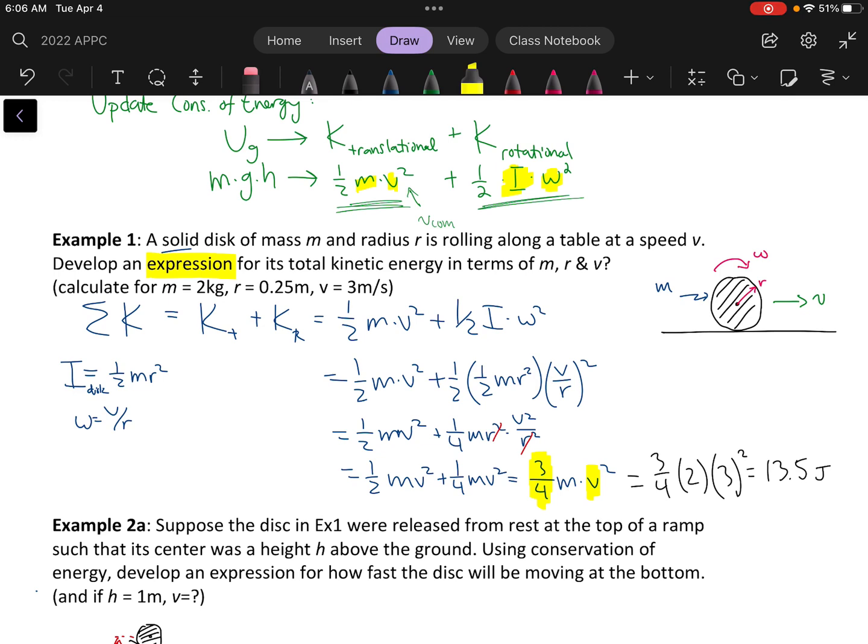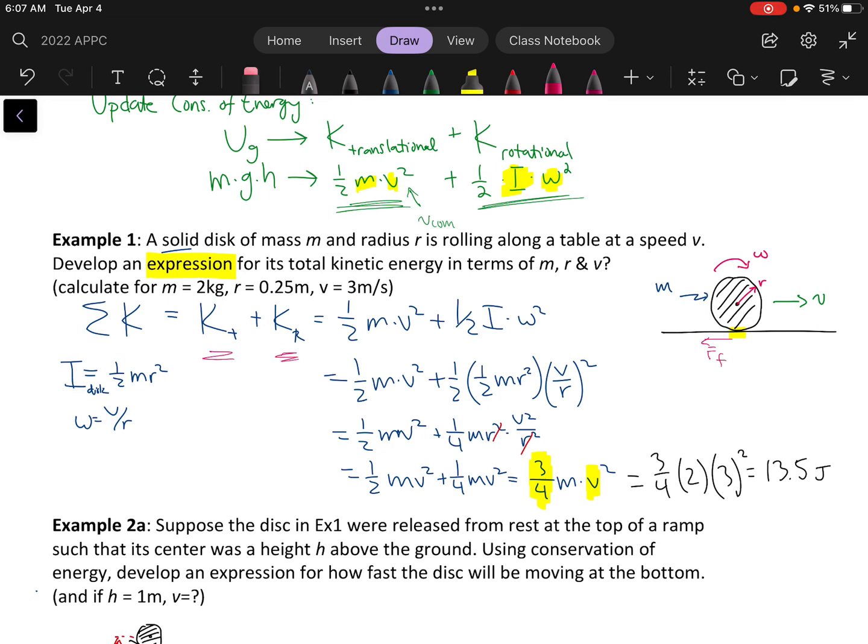If the object is in motion and it is not sliding, if there's a frictional force acting on the outside of the object, preventing it from sliding, it's undergoing circular motion while it's also going through translational motion. So the total kinetic energy would be translational plus rotational.